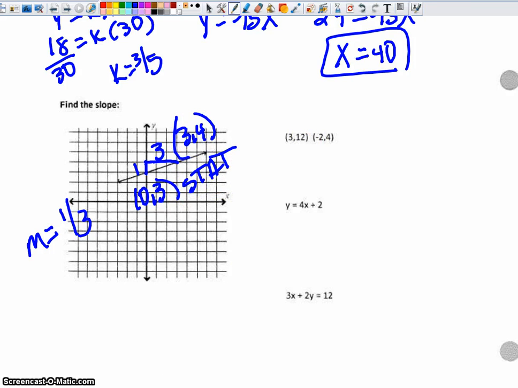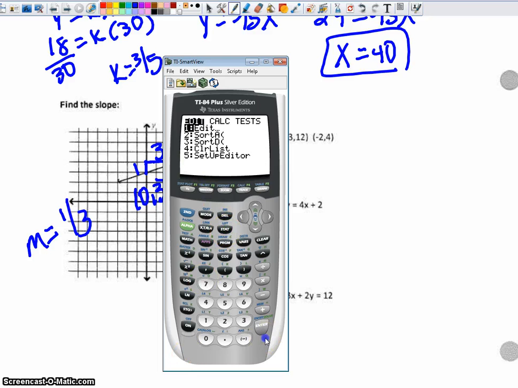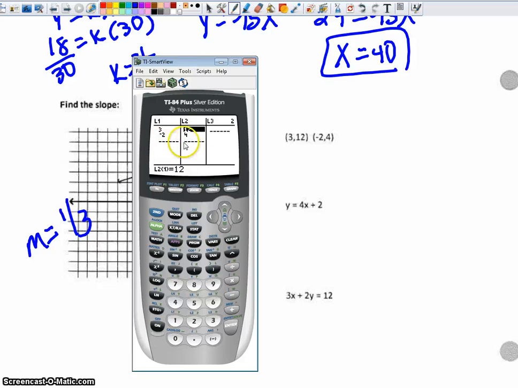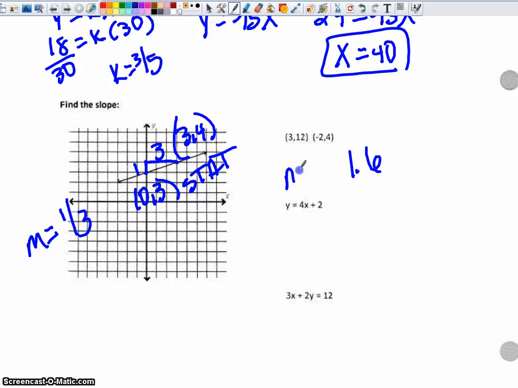When they give you points, you're going to go to stat, edit, put your points in. I've already got these in, 3, 12, and -2, 4. Back to stat, over to calc, 4 for linear regression, press enter, and all we care about is the A. Slope is 1.6. Remember, M is the letter that represents slope.